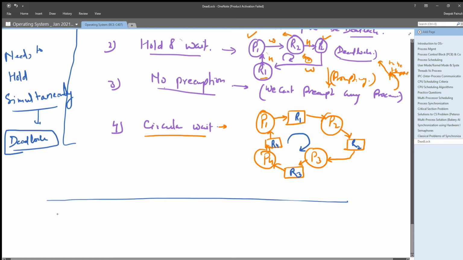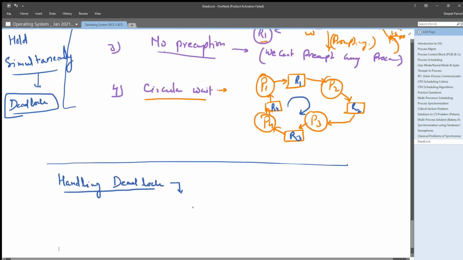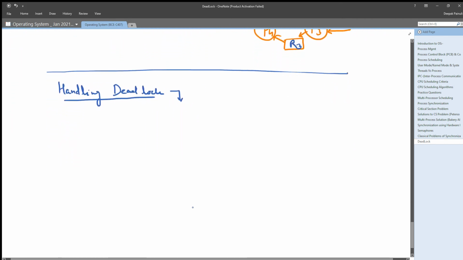Whenever we are talking about handling deadlock, there are three methods or methodologies used to handle deadlock, either in an operating system, or any other real-time system, or any other working environment. If there is deadlock, then we have only three handling techniques.